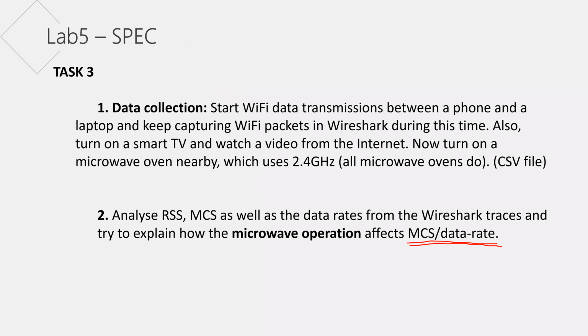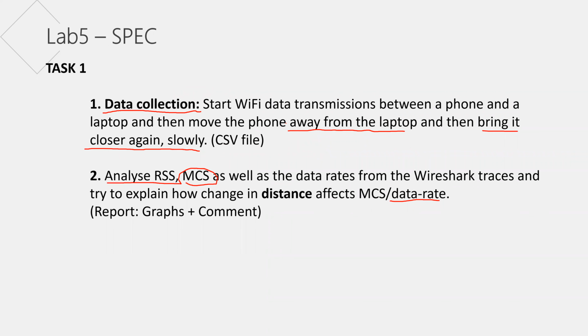For example, you are doing this task, you bring your hotspot away and bring it back, but you find there's nothing different in the data rate or MCS. That may be because your hotspot has very high power, which is pretty normal. But if you can go outdoors, you can have a try at a longer distance.